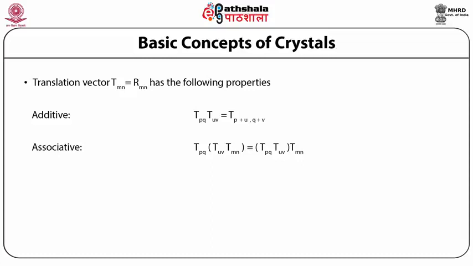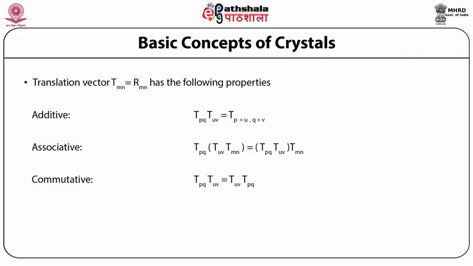So in any order you can perform these translations, and the result will be the same. And as you know the commutative law, it means that either you perform this T_uv translation first and T_pq later, or you first perform T_pq and then T_uv, the result is the same. That is what it means.